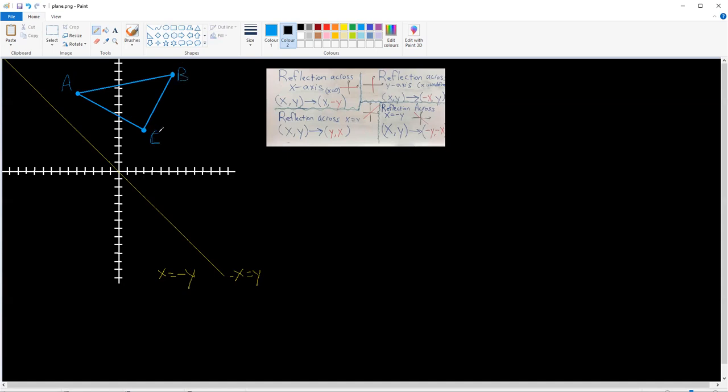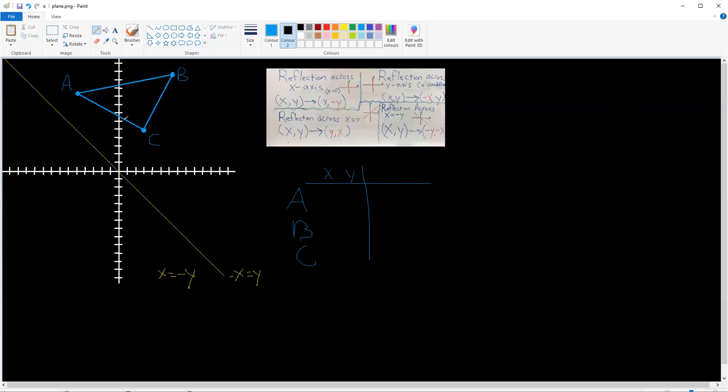And you might see a question that says, hey, reflect ABC across the line x equals negative y, or negative x equals y, or y equals negative x. So this is how you approach that problem, similar to what we did in other ones. You make a little table, A, B, C, and you say what is your x and what is your y, and then you split that up.